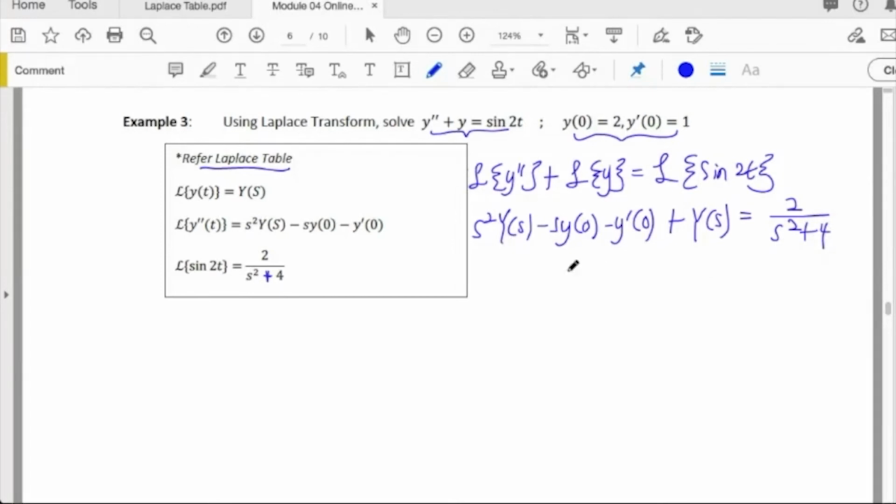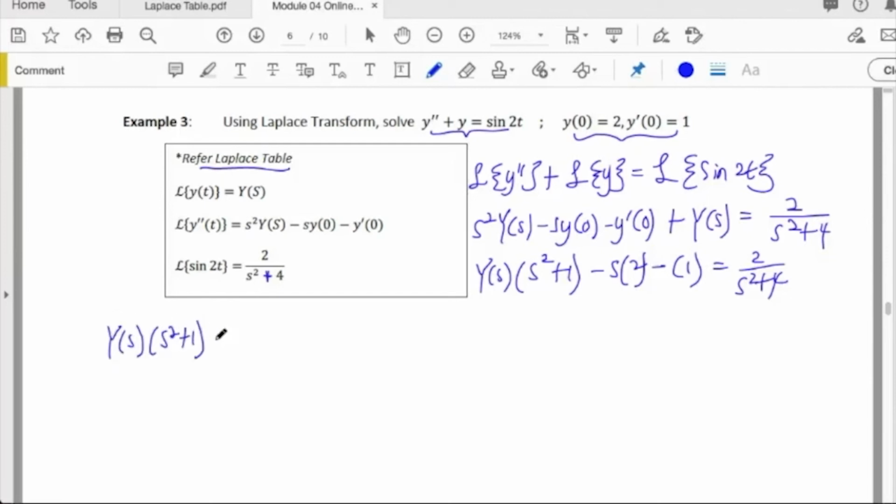So we group Y(s) with Y(s). So Y(s) times (s squared plus 1), minus s y(0) will give you 2s, minus y prime(0) will give you 1. Okay, then we solve for Y(s). We have Y(s) (s squared plus 1) equal to 2 over (s squared plus 4), plus, okay, we move to the other side, 2s plus 1.